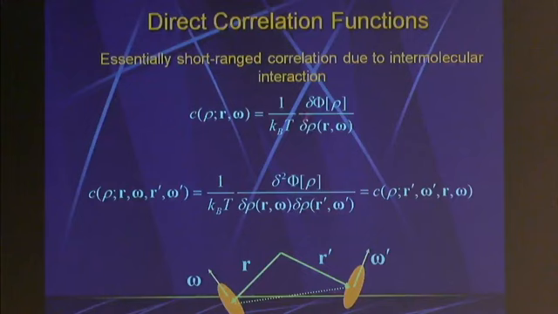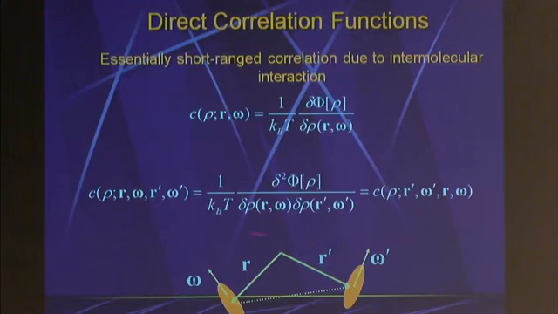The first one, this is the interaction part, functionally differentiated with respect to the density function. This is the lowest order direct correlation function. That actually is the local chemical potential, including the interaction part.